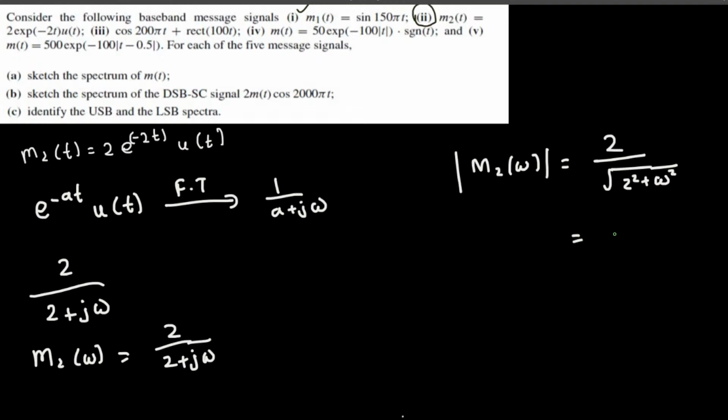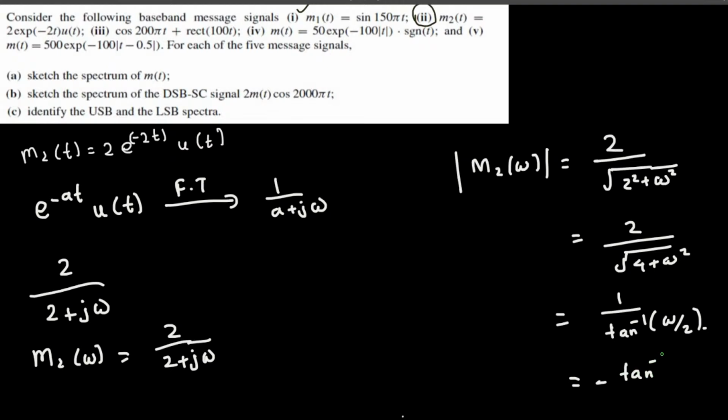And then that becomes 2 over the square root of (4 plus omega squared), with phase equal to negative tan inverse of omega by 2.